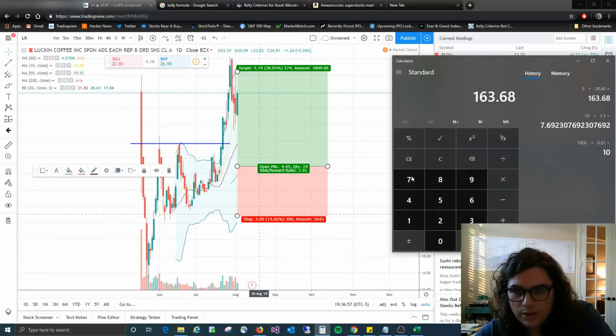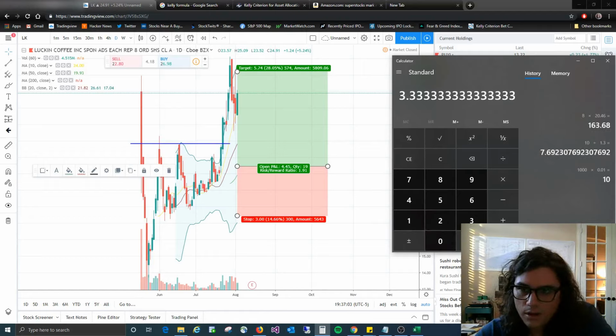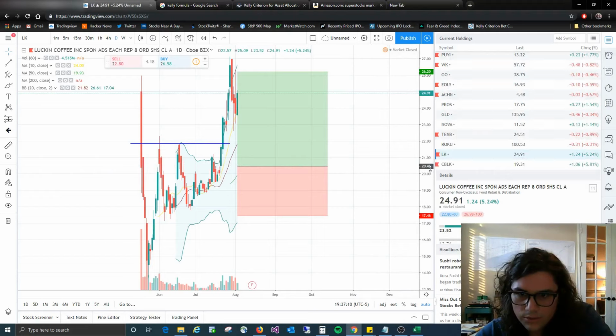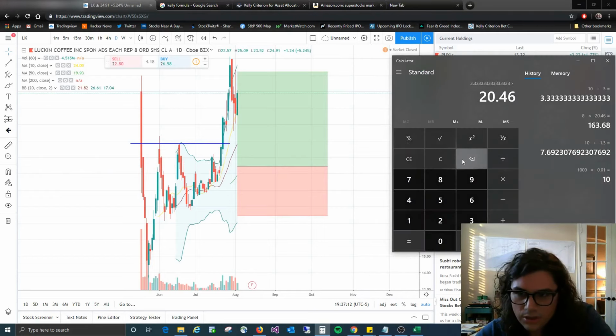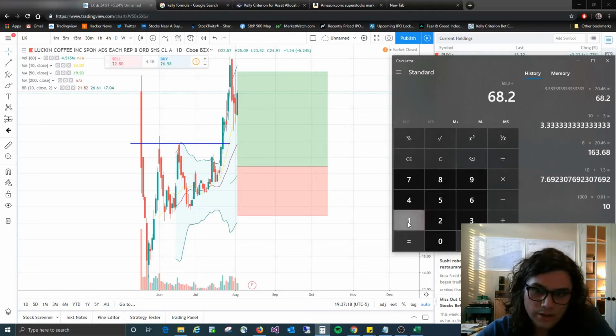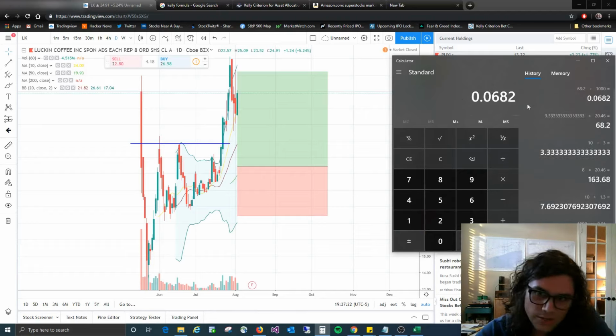If I did this one, we do 10, which is 1% of our account, divided by 3. That's 3.33 times 20.46, which is the price roughly whenever we took it. That's only going to be $68, divided by 1,000, so that'll only be 6% of your entire account.